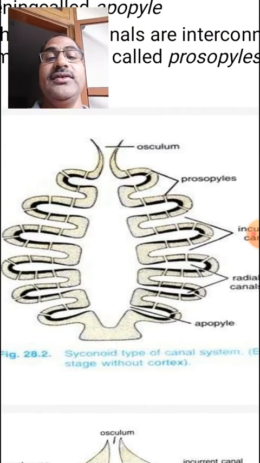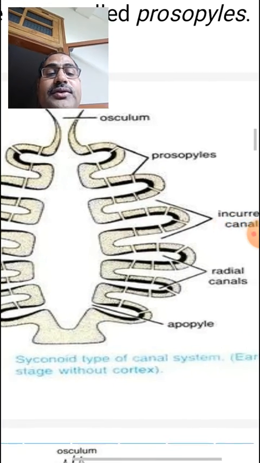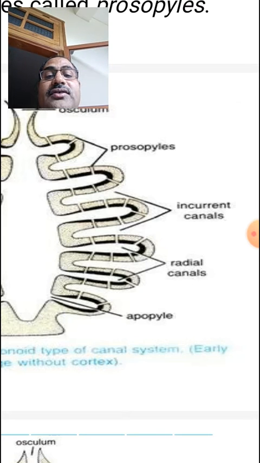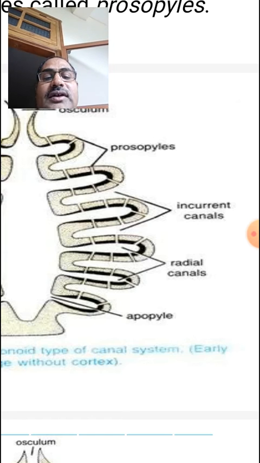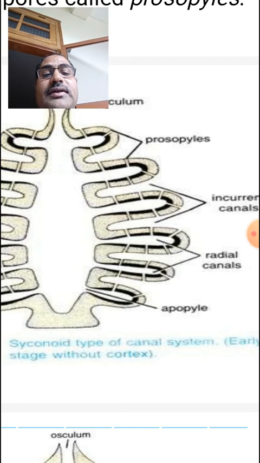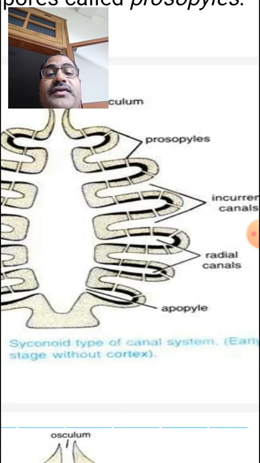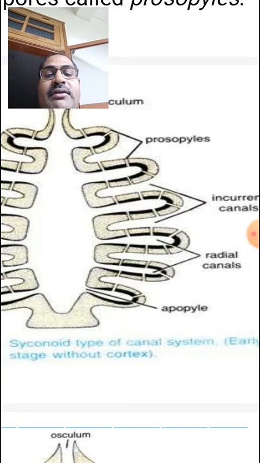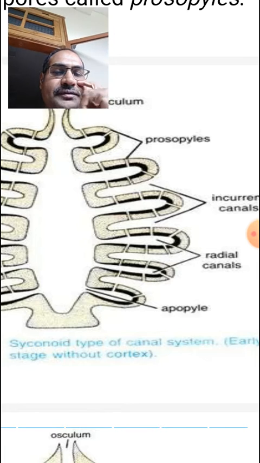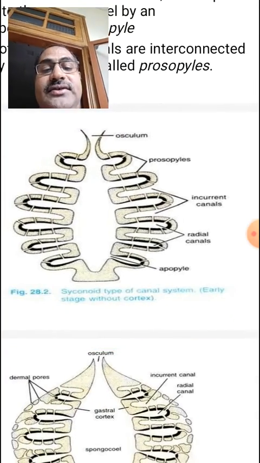So first you see the one without cortex. Here the water enters into these canals, which are called incurrent canals. Then it goes to the prosopyles, then to the radial canals, then the water enters the apopyles, then into the spongocoel, and then the water goes out through the osculum.